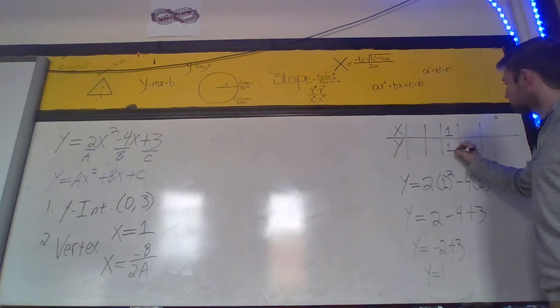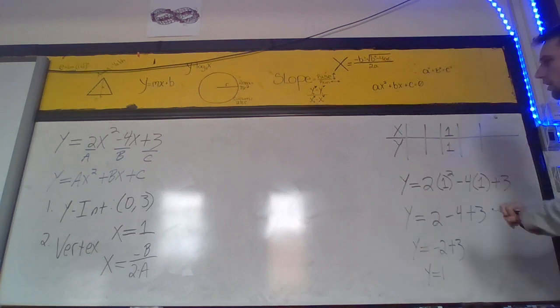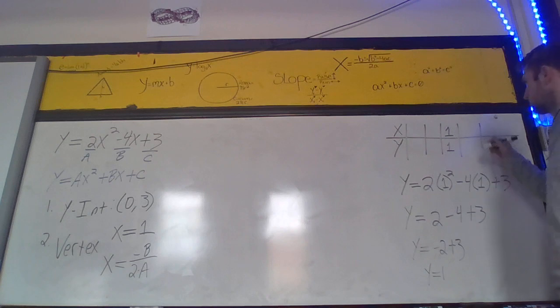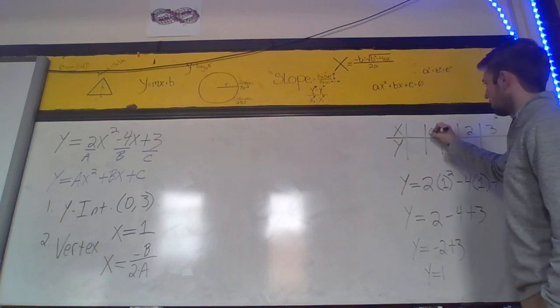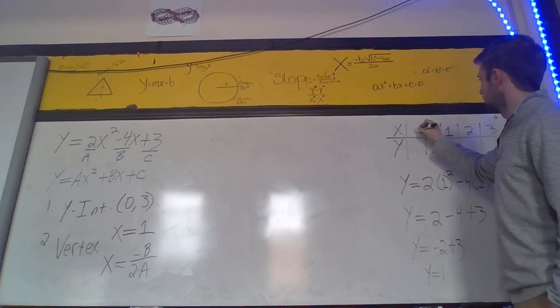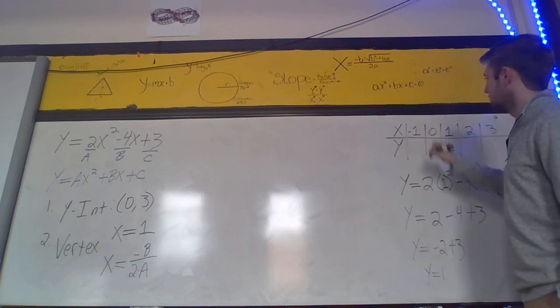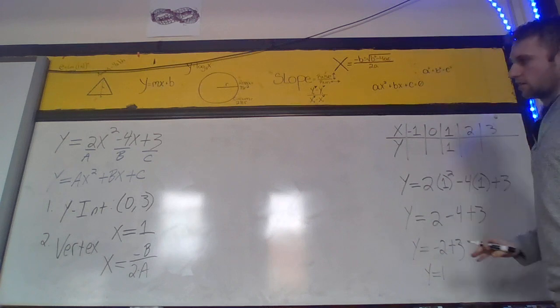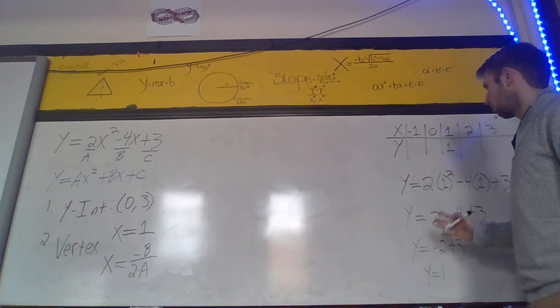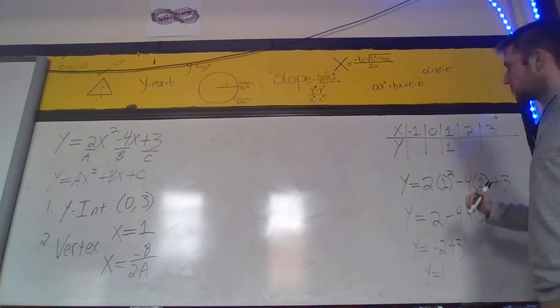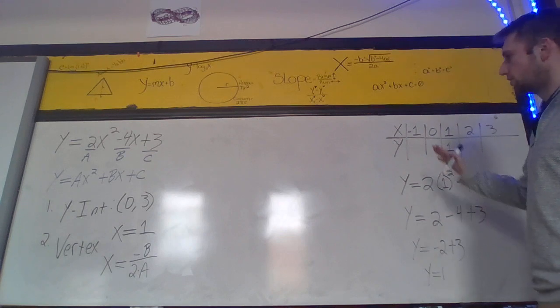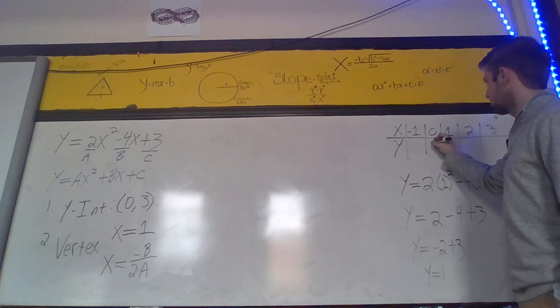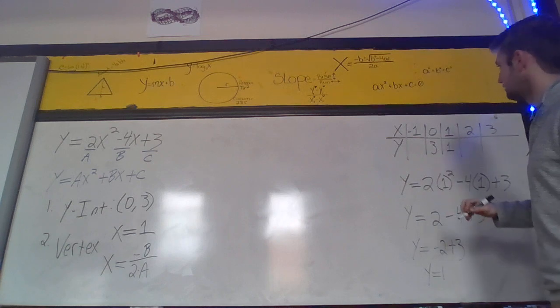All right, now we kind of move a little bit right and left from that. So what's 1 greater than 1? 2, 3, okay? We can keep doing that more if we wanted to. I don't want to do it too terribly much, so. And we're going to have -1 right here, okay? So seeing as we are spaced even increments away from our vertex, which is this middle point right here, we know that we're going to get an output of 3 whenever we input 0.